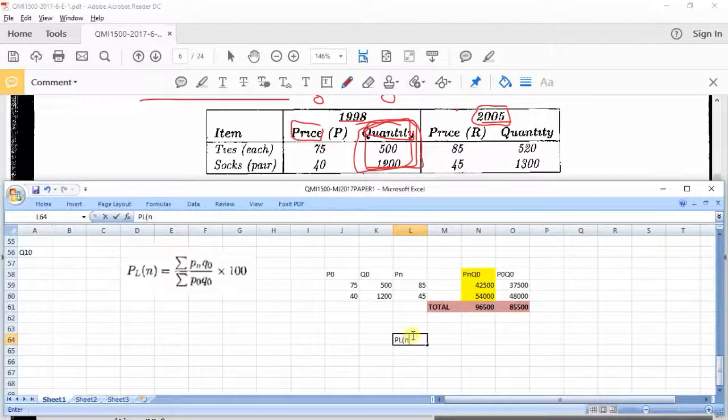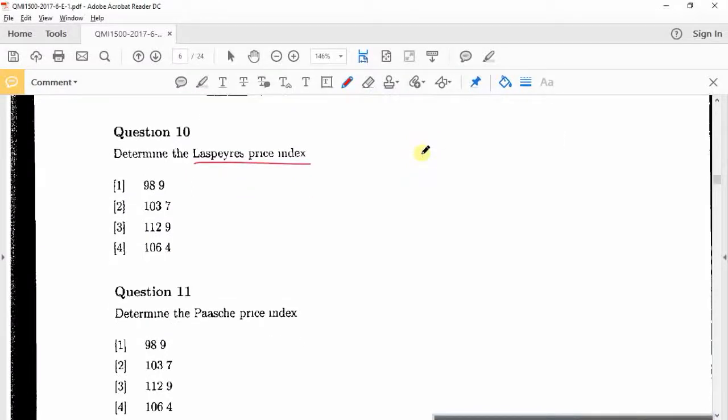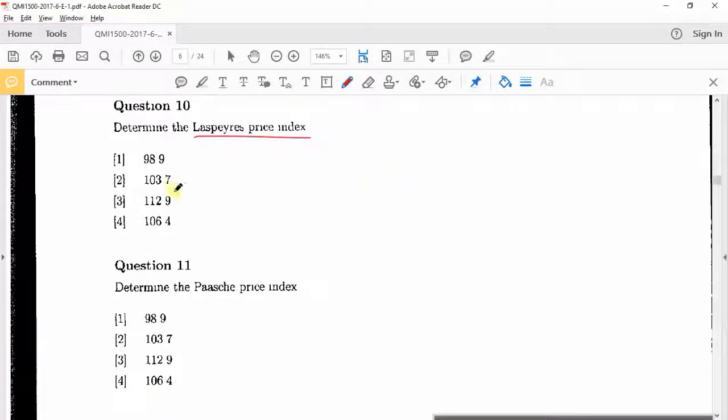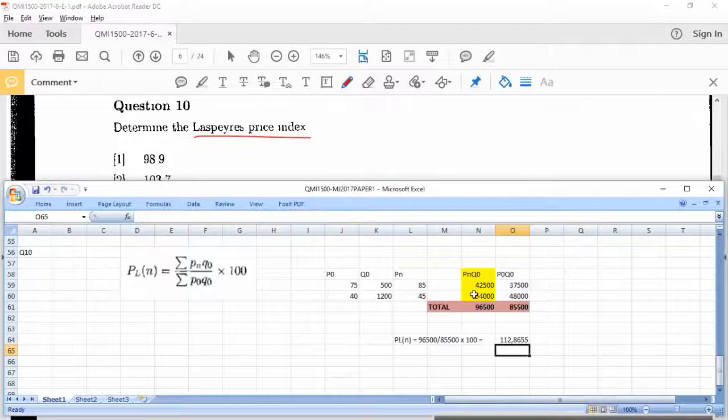PL(n) is equal to the sum of PN Q0, which is 9650, divided by the sum of P0 Q0, which is 85,500, times 100, equals 112.86.